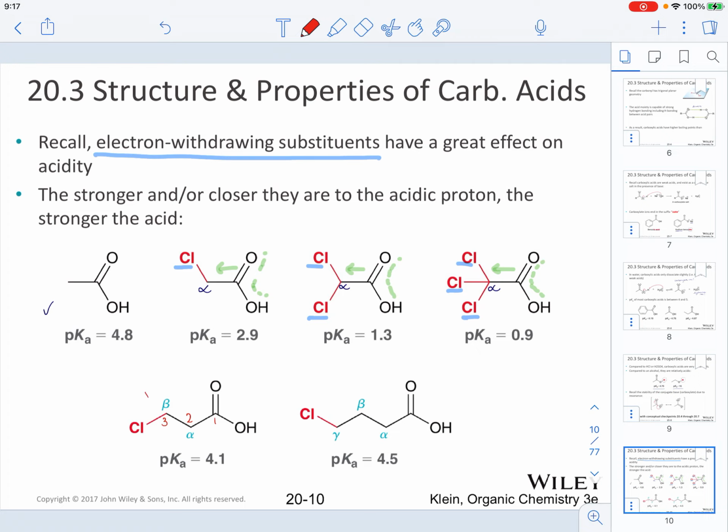So this is 2 carbons away from C double bond O. This is 3 carbons, 1, 2, 3, 4, 3 carbons away from the C double bond O. Let me illustrate where I get that number of 2 or 3.